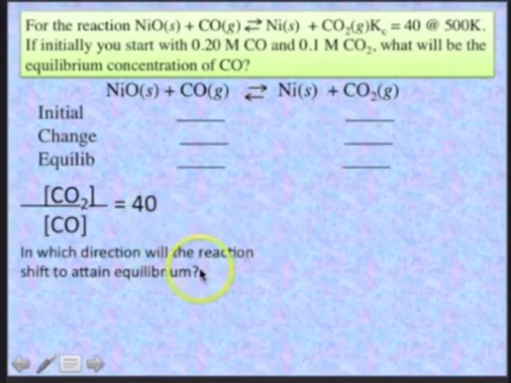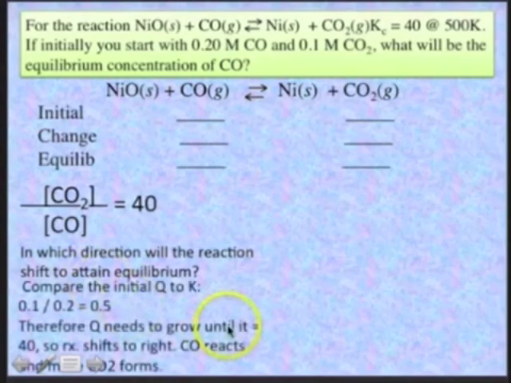So this one, we have to do a little bit of work ahead of time because we have to know in what direction the equilibrium is going to shift in order to make the signs of x the right signs. Is it going to shift toward the product side? Is it going to shift to the reagent side? So in what direction will the reaction shift to attain equilibrium?